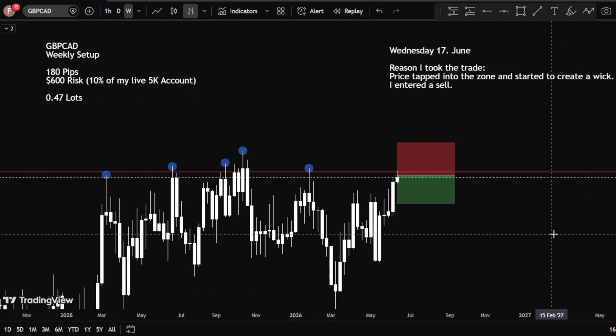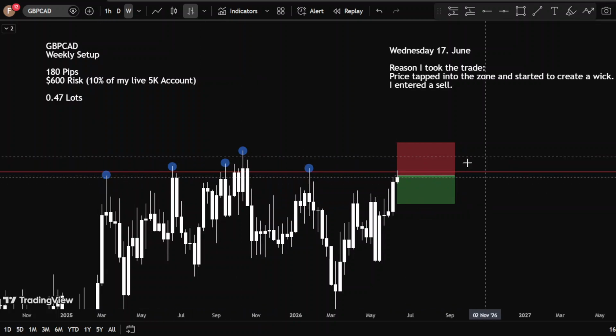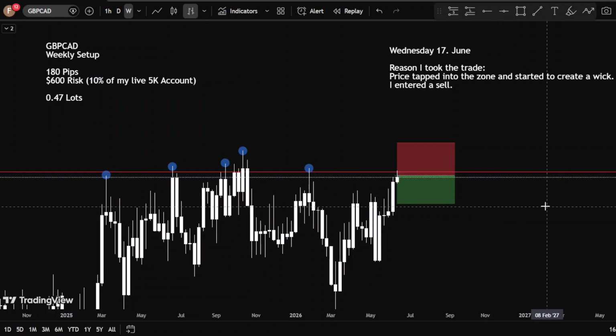Okay, so here is the chart. It's very easy. Usually I go to the daily chart and look for the exact same kind of setups. But this one was on the weekly chart, which I think the levels hold strong.